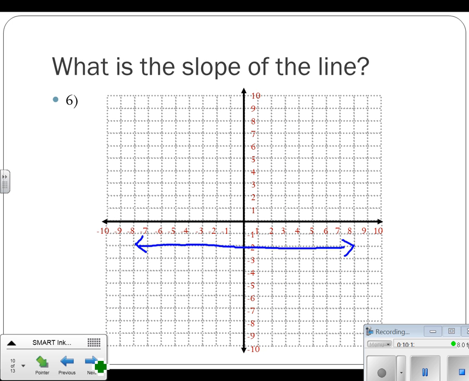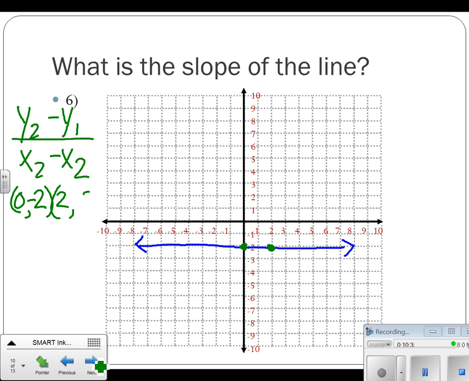With a horizontal line, I'm going to pick 2 points, 0, -2, and 2, -2, using the formula y sub 2 minus y sub 1 divided by x sub 2 minus x sub 1. -2 plus 2 gives me 0, divided by 2 minus 0, which is 2.